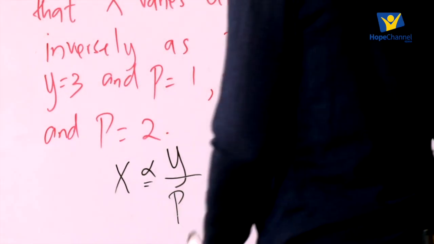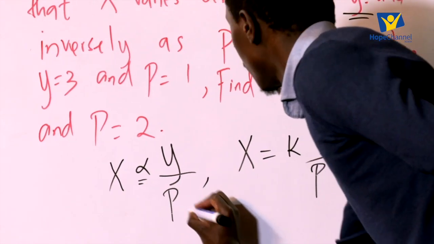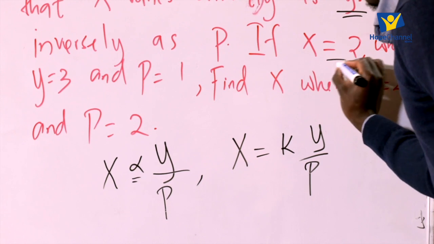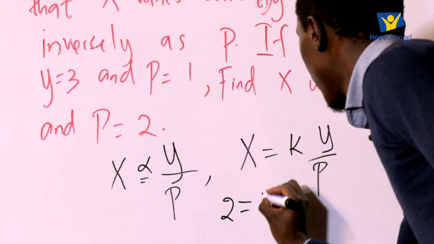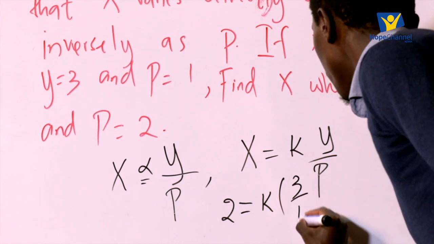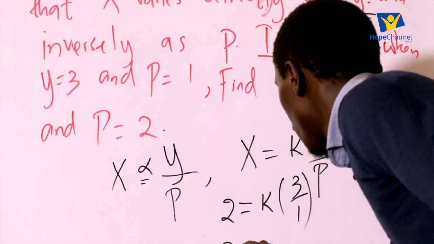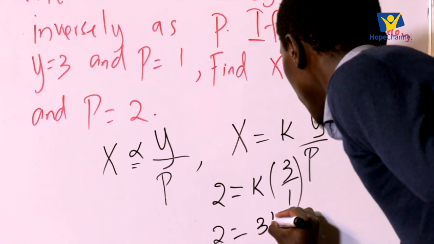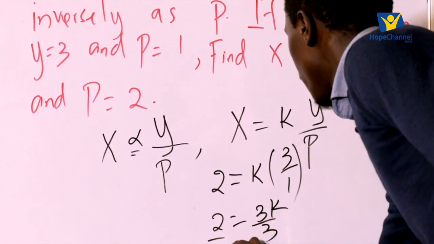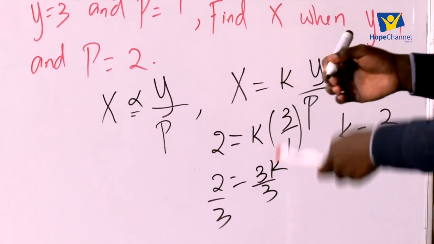So let's do it. So we'll have it as x, which is 2. 2 is equal to k into y is 3 over 1 because p is 1. So you're supposed to say 2 is equal to 3k. So over 3, that gives us k to be equal to 2 over 3.